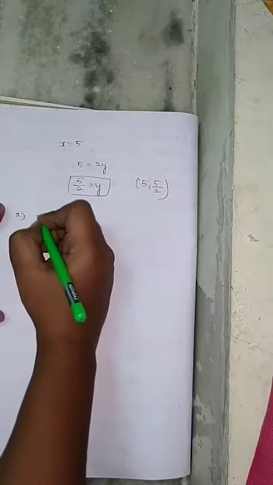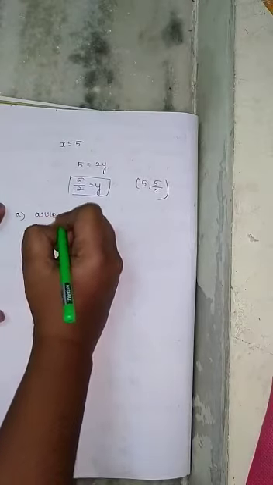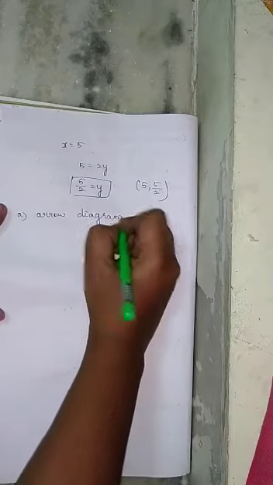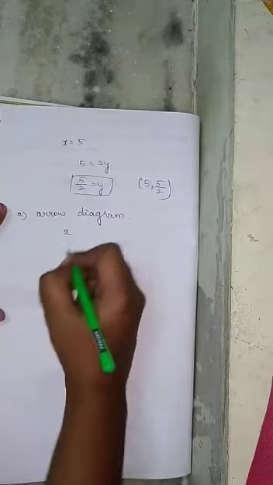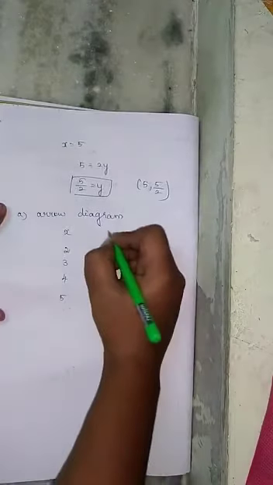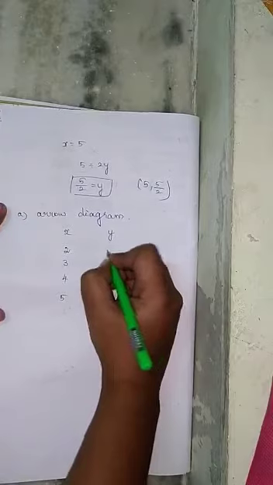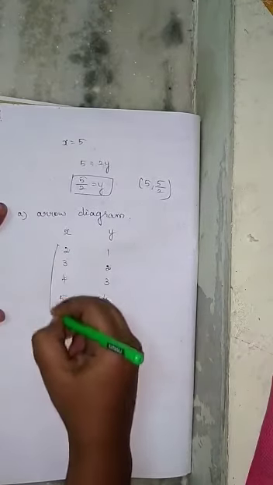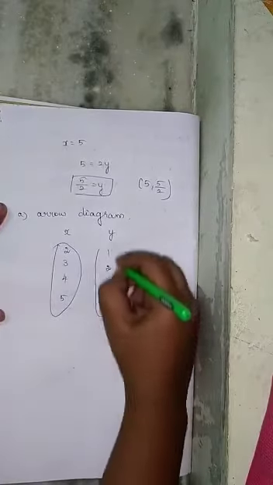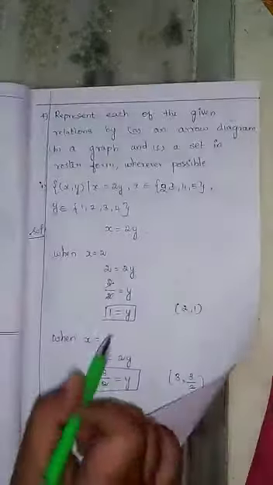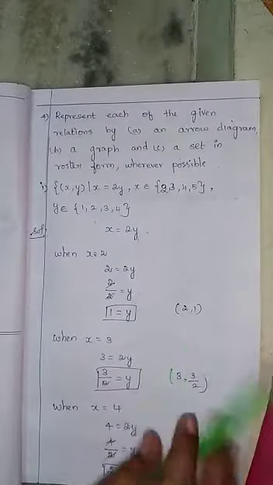Now first one, what they given here? Arrow diagram. So what is the x element they given? 2, 3, 4, 5. What is the y element they given here? 1, 2, 3, 4. So relation now. If you are putting 2, it will map with 1.